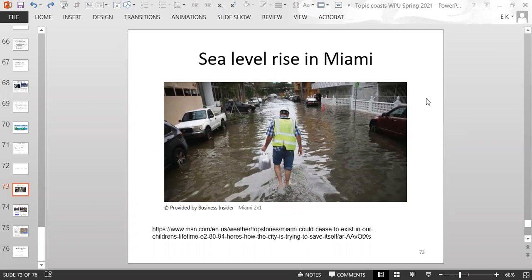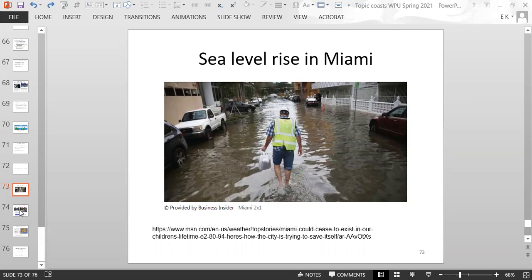And I saw a report that showed by 2050, parts of Miami Beach are going to be under water, perhaps. It was predicting that there would be areas that people would have to move out of, that you wouldn't really be able to live there any longer because of the sea level rise.